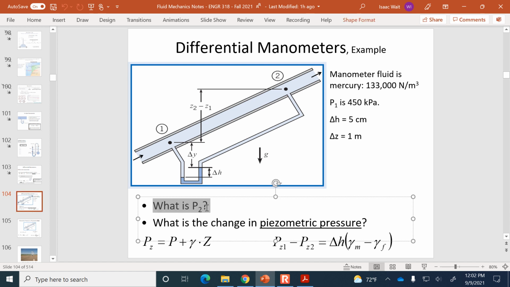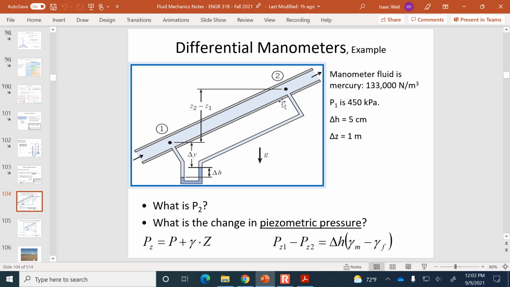It's asked, what's the pressure at 2? And why is the pressure there lower than the pressure at 1? Let me ask you that. 450 is a bigger number than 434. Why is there less pressure at 2? Because of the elevation. Okay, elevation change is part of it.